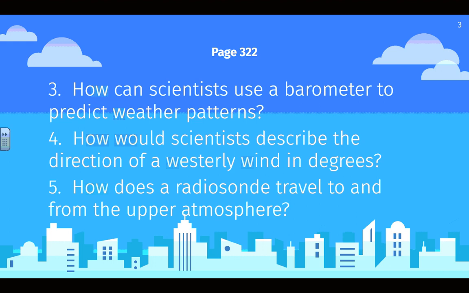To the upper atmosphere on a balloon that bursts at high altitude and falls on a parachute.